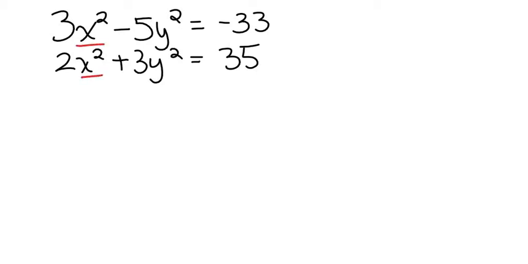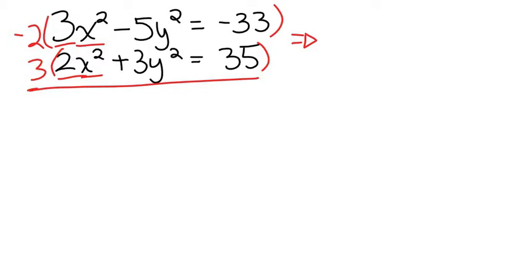Okay, so I look at the coefficients and I say to myself, what can I multiply each of those by so that they'll be the exact same number? Since they're both prime numbers, the easiest thing to do is to multiply each of them by each other, but one of them make it negative and one of them make it positive.